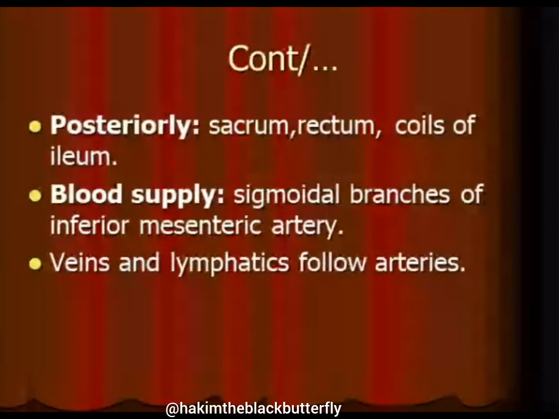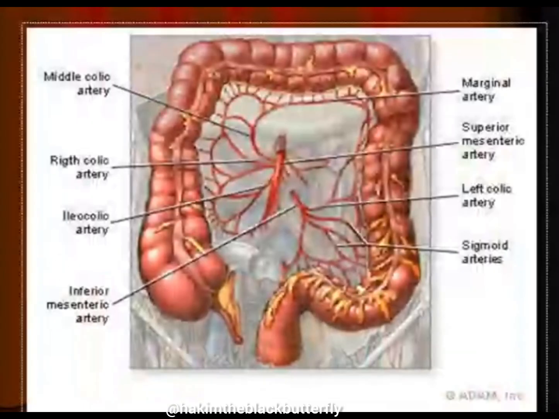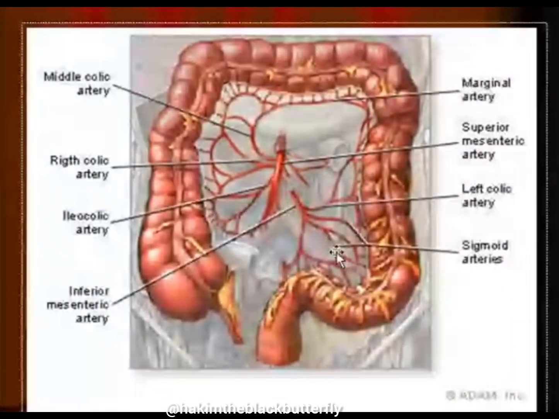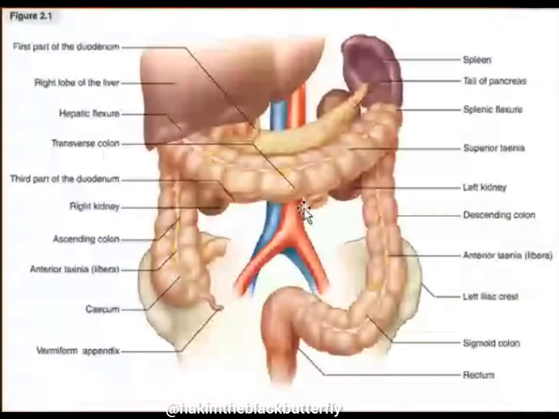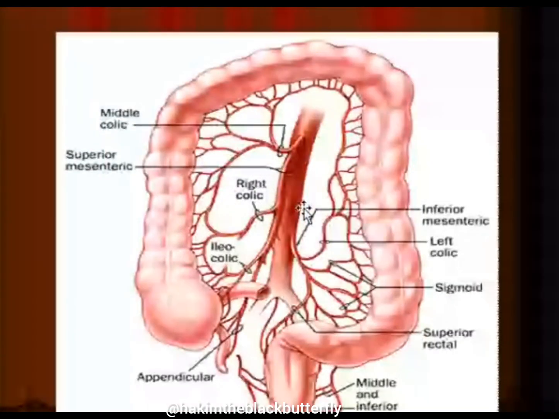Let's get a better illustration, and we see this is the inferior mesenteric artery, and these branches are what we call the sigmoid arteries. They pass through the sigmoid mesocolon, which is around there. And the veins are the sigmoid veins, which drain into the inferior mesenteric vein. Sigmoid veins and arteries.